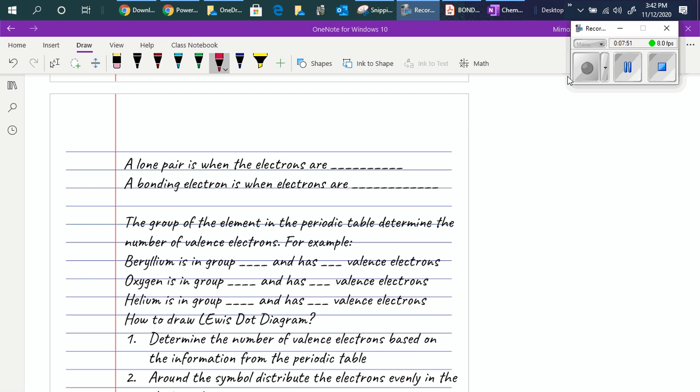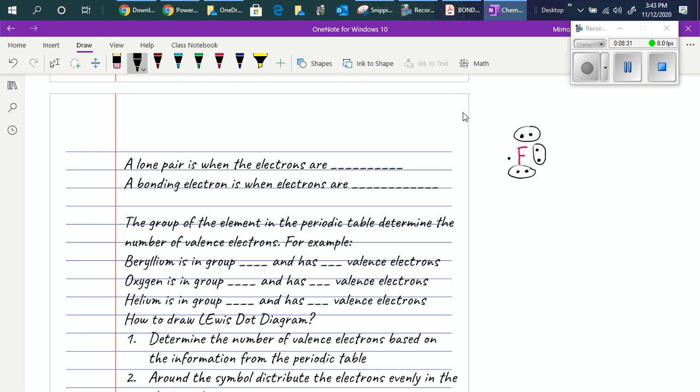As you see here, on some of the elements, we had 1 or 2 electrons in the outer shell when we draw the Lewis dot diagram. Those electrons that are paired up, you cannot add more than 2 electrons on each domain.